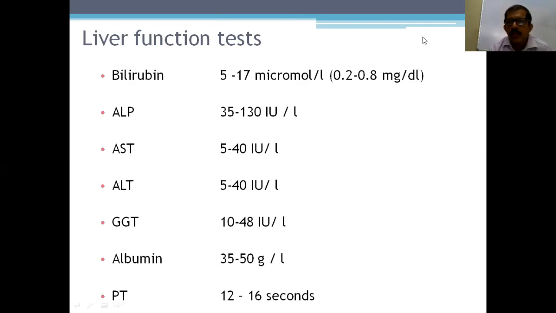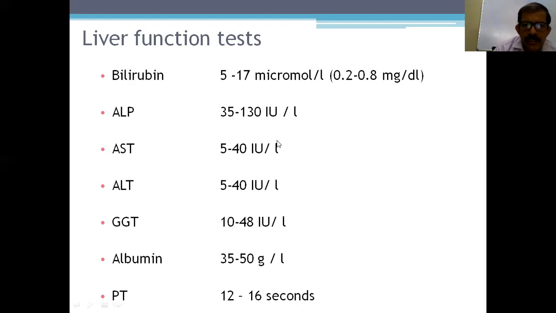It is not musculo, it is mainly skeletal. Now, after that, you have AST, ALT levels also.